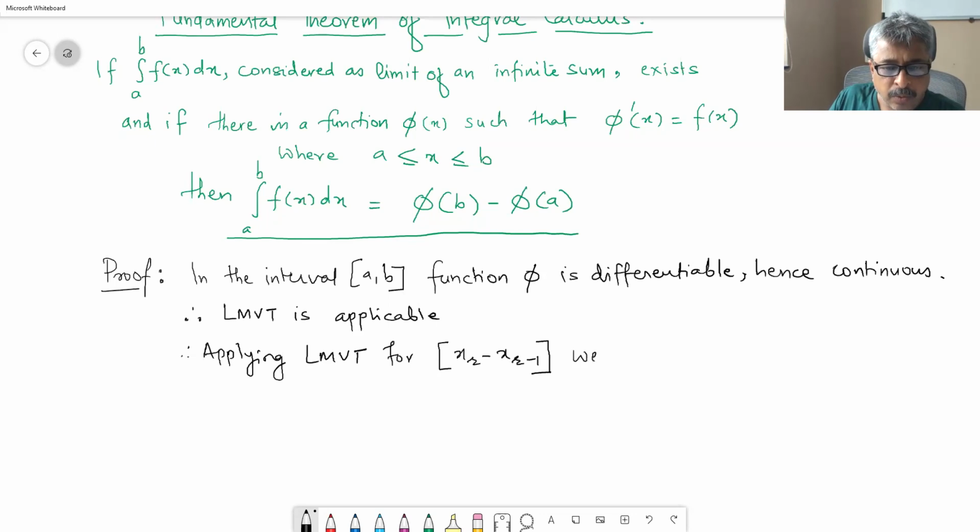We have, and x, all these points are within a comma b.